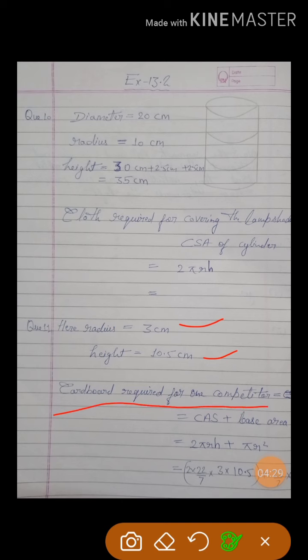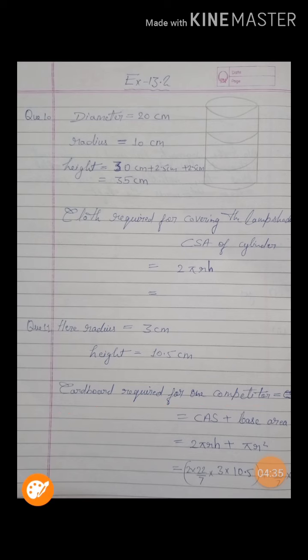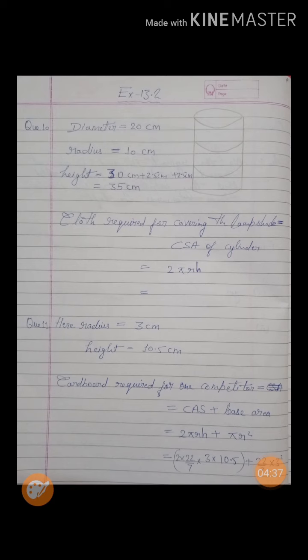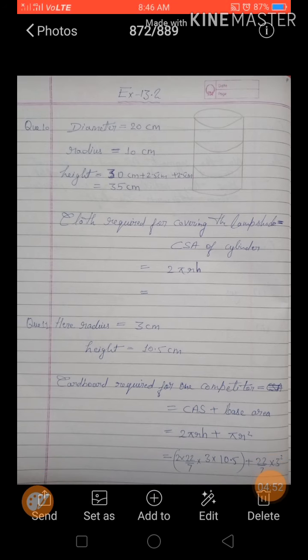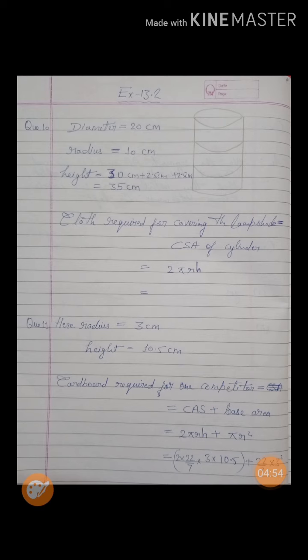Firstly we shall find how much cardboard will be required by one competitor. So that will be equal to the CSA, curved surface area of the pen holder, and the pen holder is in the shape of a cylinder. There is a base also, the top is not there, it is open.